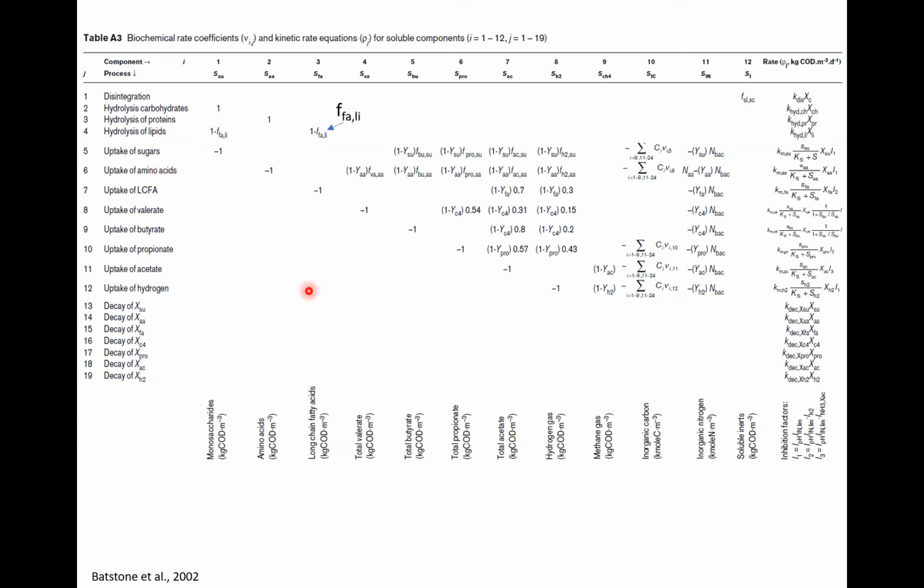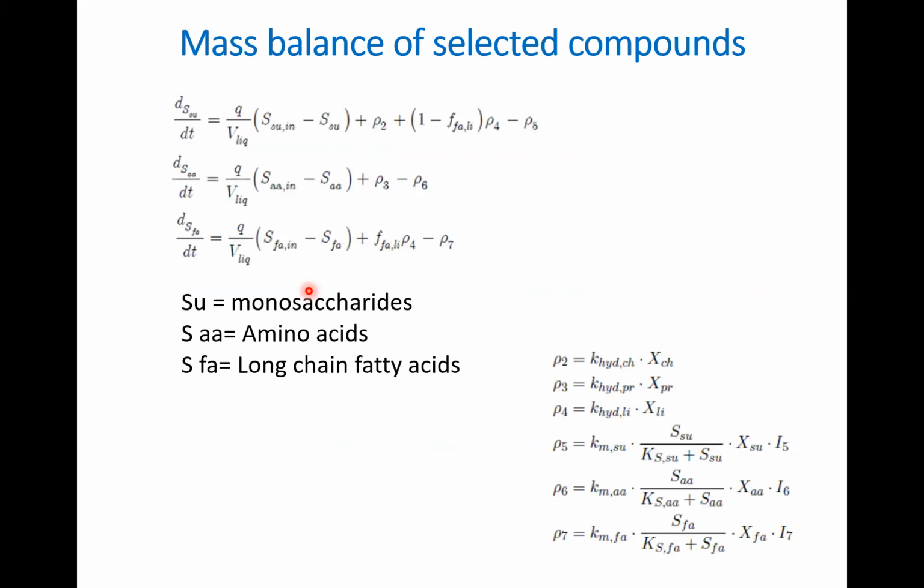So if we would like to write the equation now, this is the previous general equation for the mass balance. And here we have two processes, ρ2 and ρ4, times the coefficients of the changes for the rates, and one for the uptake will be minus, which is ρ5.